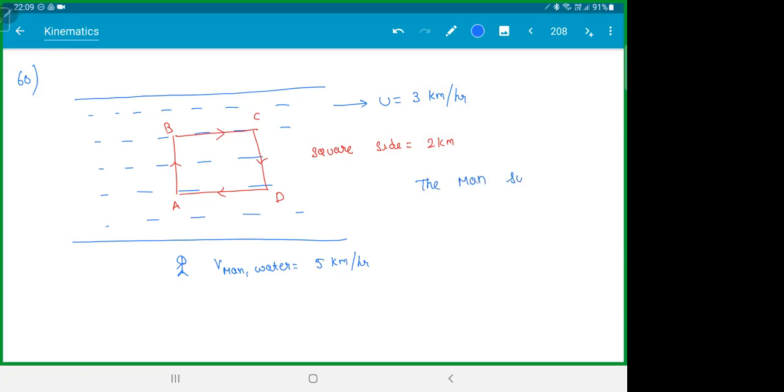The man swims. When you see him from outside, it looks like he's going along the square. The man swims along the square ABCD. Find the time taken for one revolution. Find time for one round trip.